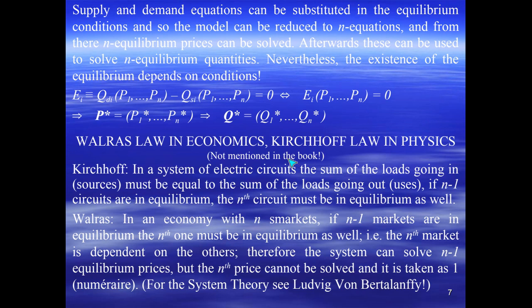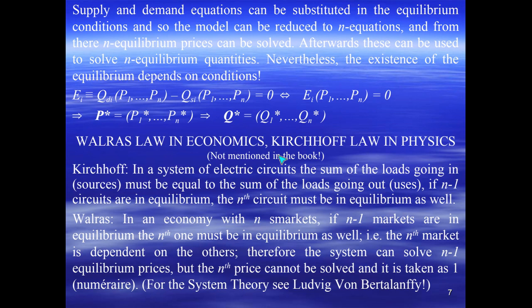It can't be in disequilibrium while the others are in equilibrium. If it is in disequilibrium, there should be another disequilibrium in another sub-circuit or another market to equilibrate it and put the whole system in equilibrium. You see, this is the logic. Therefore, the system can solve n-1 equilibrium prices, but the nth price cannot be solved.